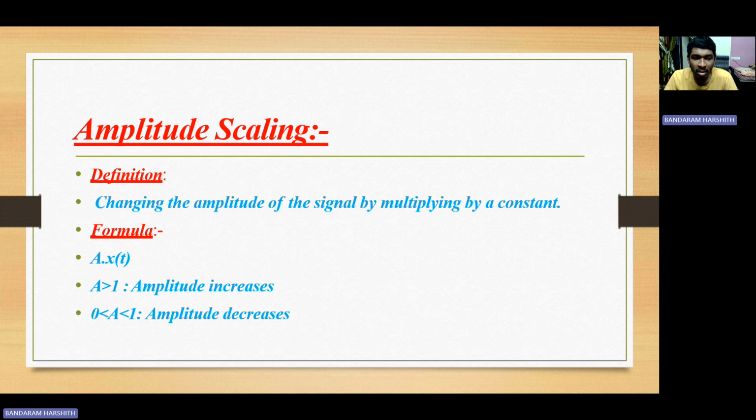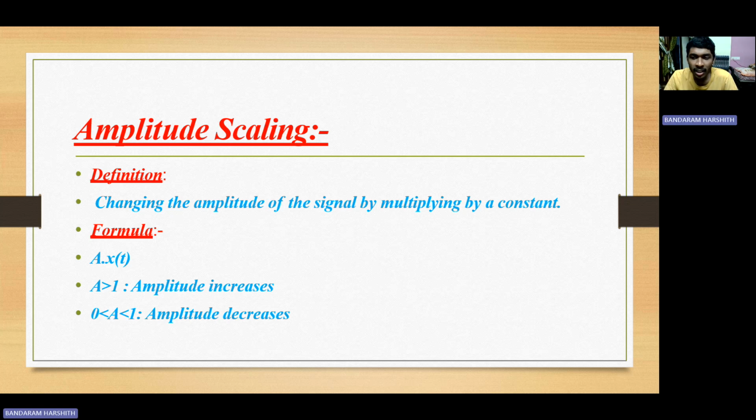In that case, we use amplitude scaling, which is far different from time scaling. In amplitude scaling, we multiply the function by the constant a from outside. Meanwhile, in time scaling, we multiply the constant a within the function.